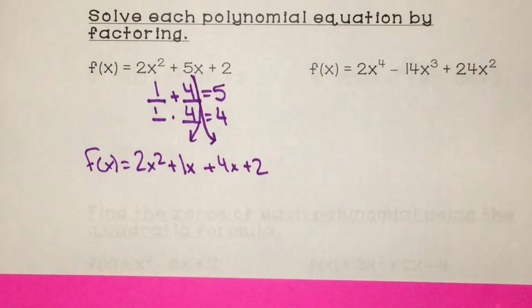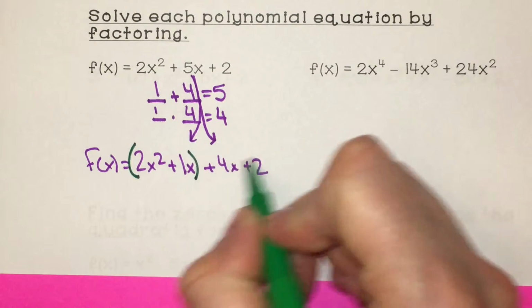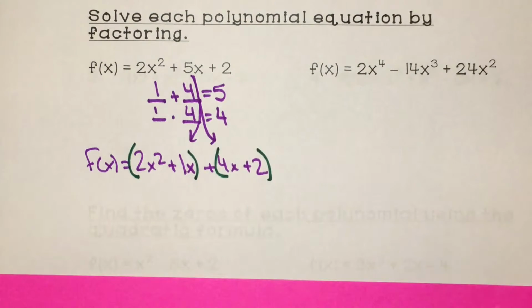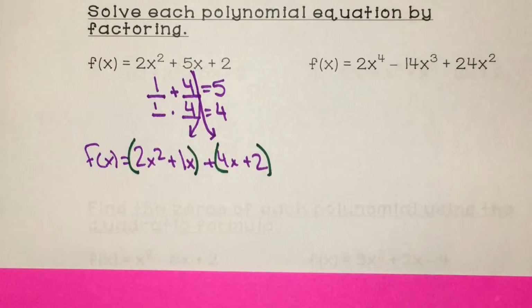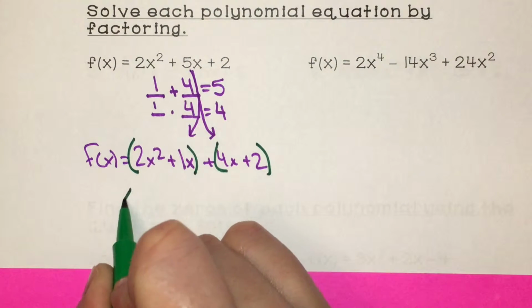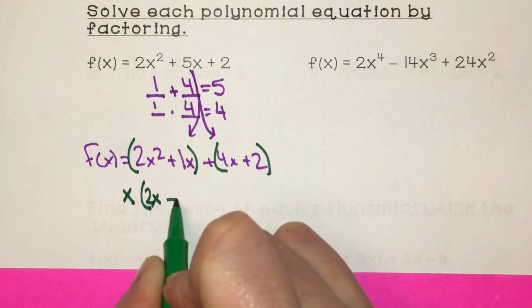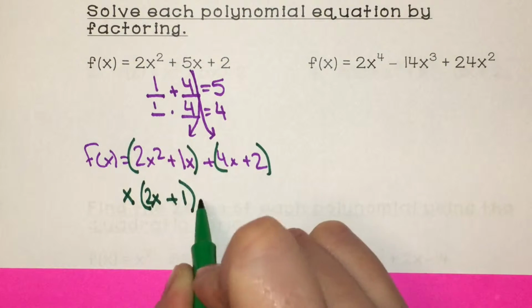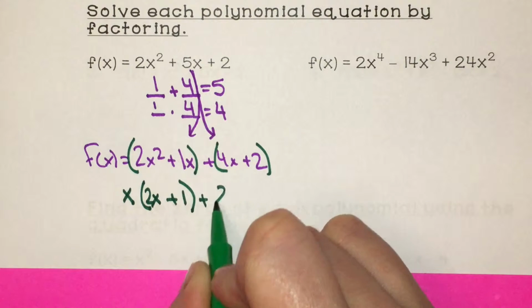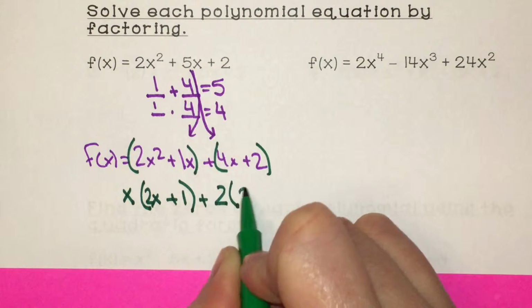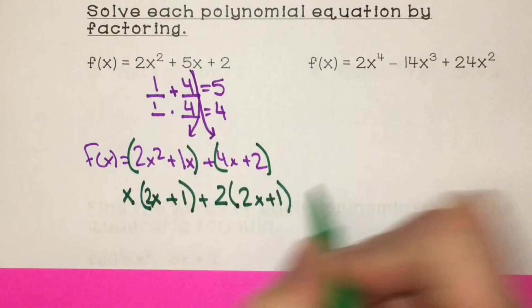Okay, using this, I'm going to put parentheses around the first two terms and last two terms and see what I can factor out. In the first one, I can factor out an x, and I'm left with 2x plus 1. The second one, I can factor out a 2, and I'm left with 2x plus 1.